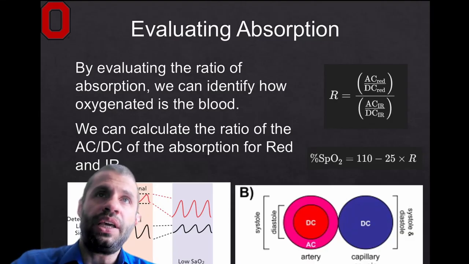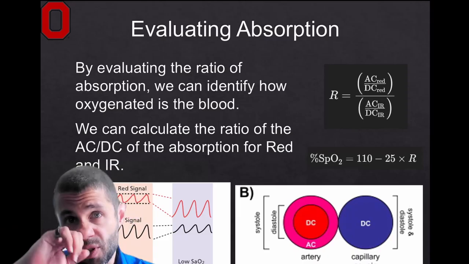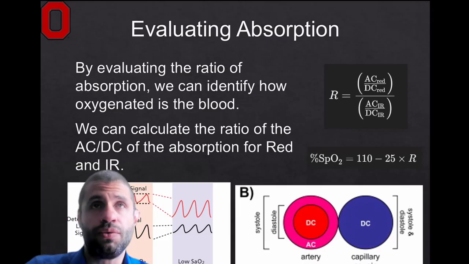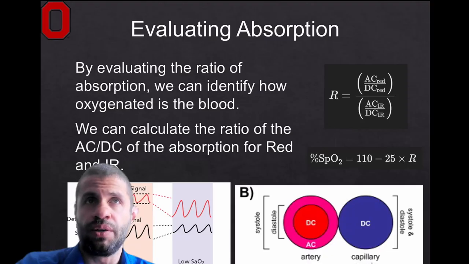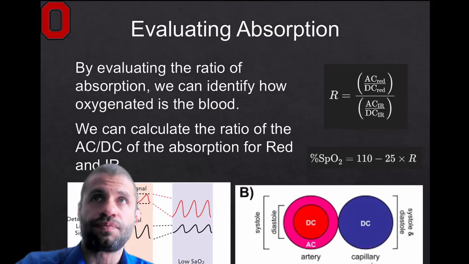So you have the AC, which is the alternating current or the alternating portion of the signal. If you take the higher peak and the higher value, that's going to give you the AC of that signal. And the DC is the offset relative to 0, or whatever your reference point is.